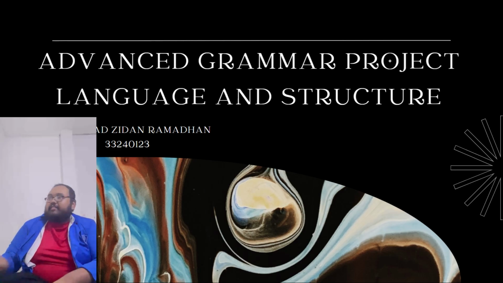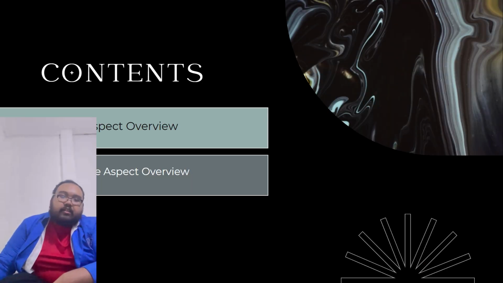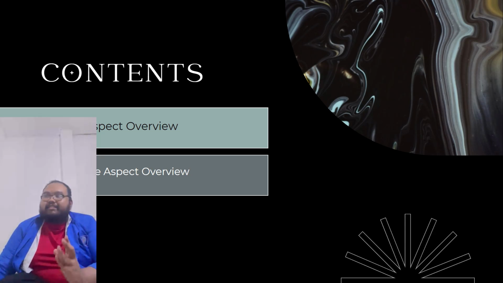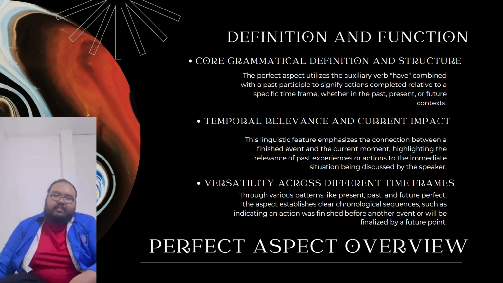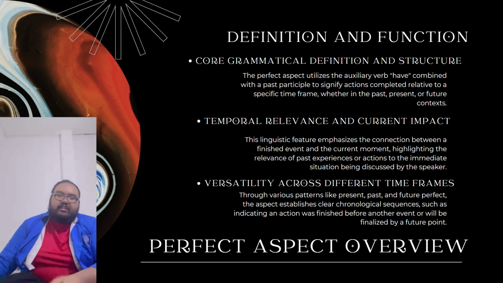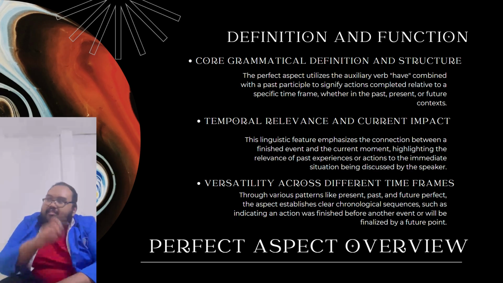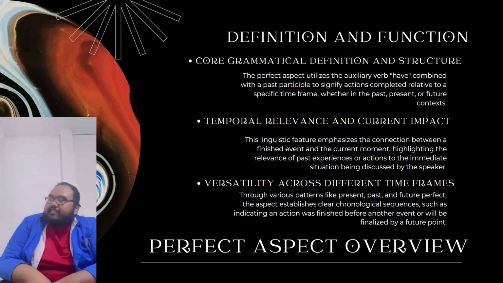And now we talk about language and structure. For the content in here, there's perfect aspect overview and progressive aspect overview. For perfect aspect, the definition and function in here is grammatical definition and structure.